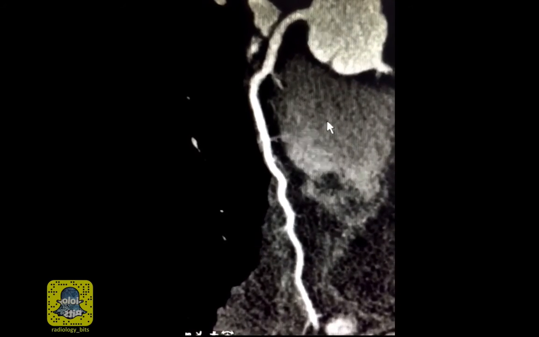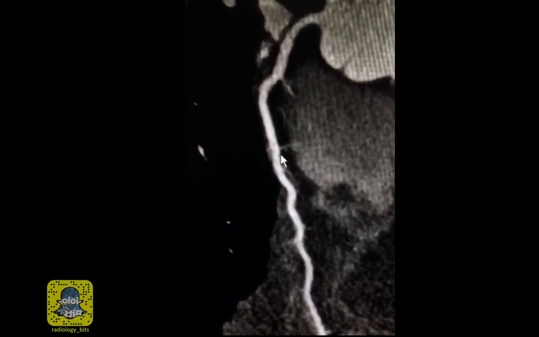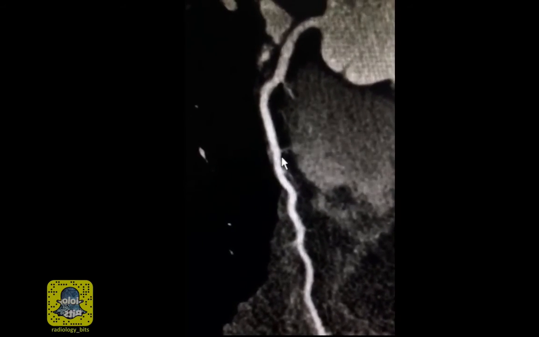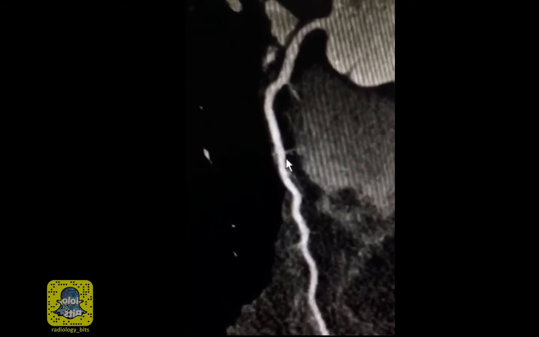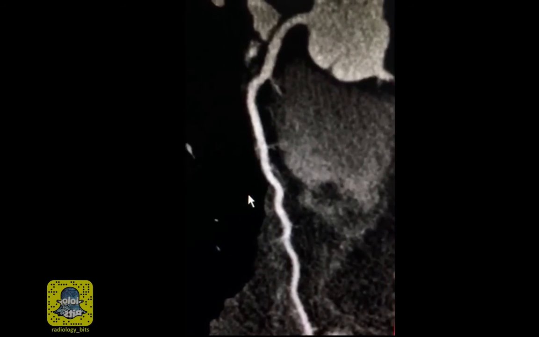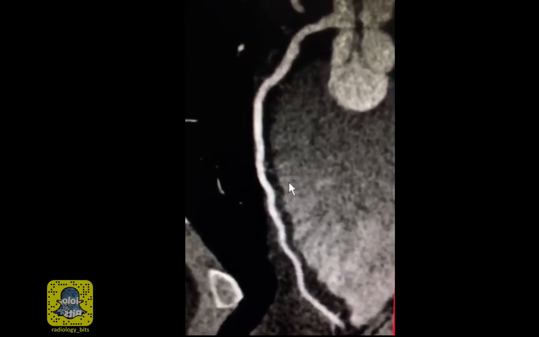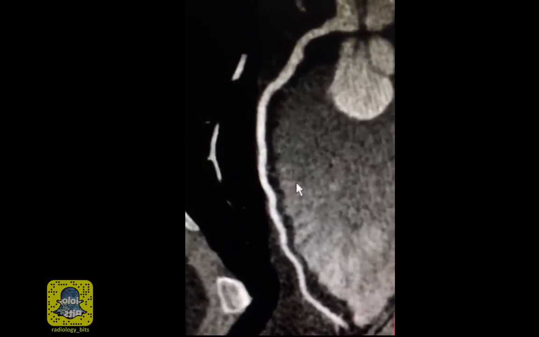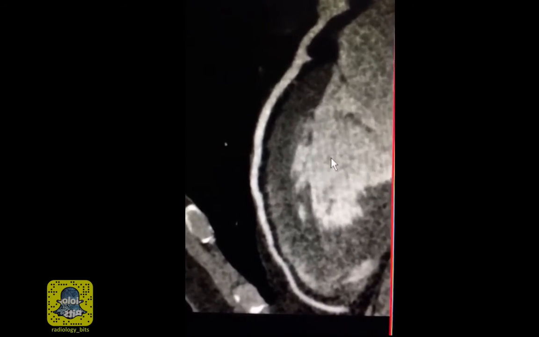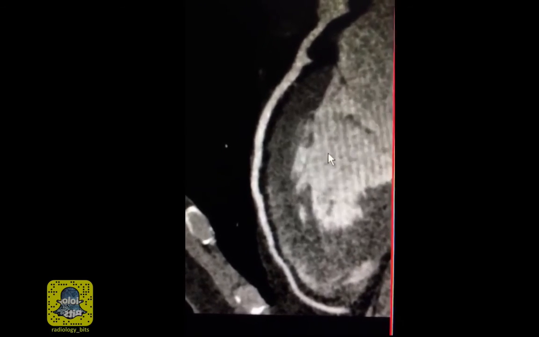The main teaching point of this case is what I'm going to say next. Many people get deceived with the beauty of these images and think that cardiac CT may be optimal for everybody. However, that is not the case. Cardiac CT could be a very common examination for certain patients.